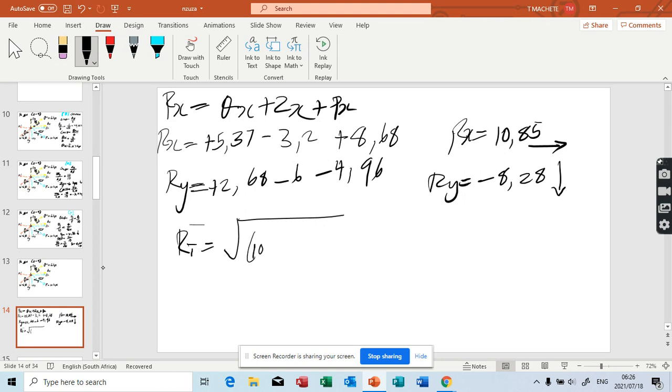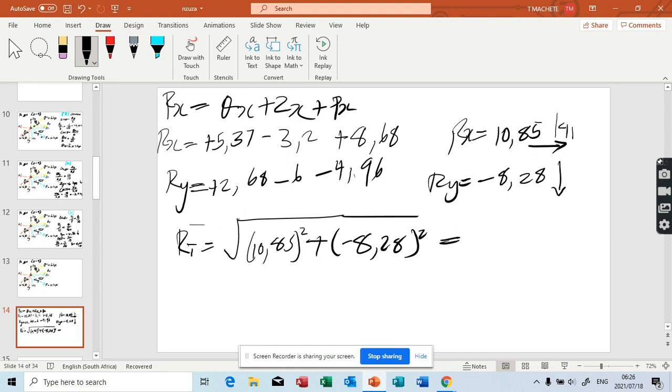Okay, so you're gonna say 10.85 squared plus minus 8.28 squared. Then we find our RT there. Then also please write the units.